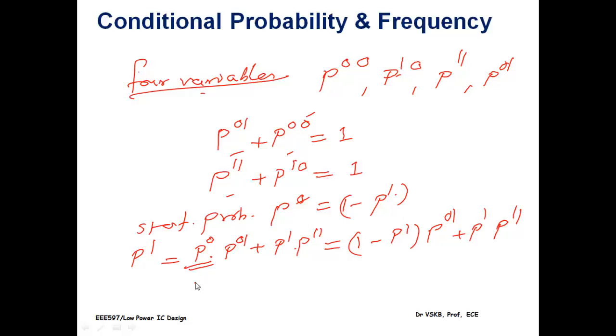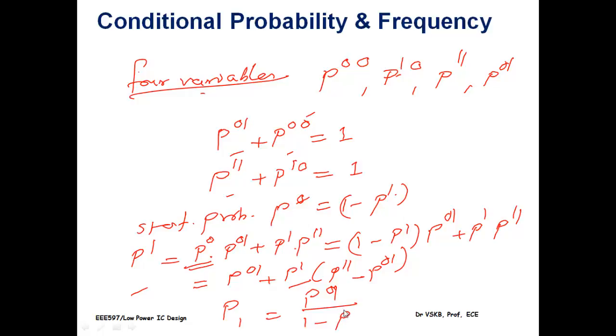And if I simplify this, my value would be P01 plus P1 times P11 minus P01. I take this P1 and this P1 together. I define P1 as P01 divided by 1 minus P11 plus P01. That is the probability of remaining at 1 in terms of the conditional probabilities we have found out.